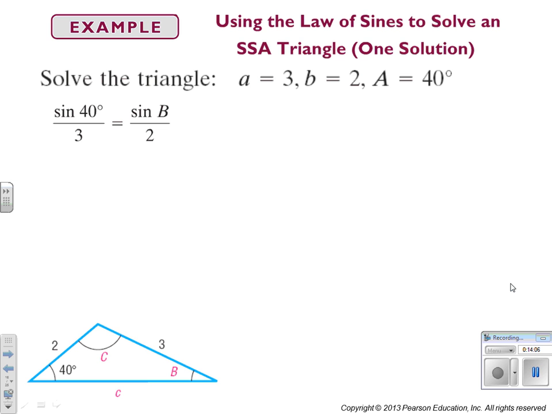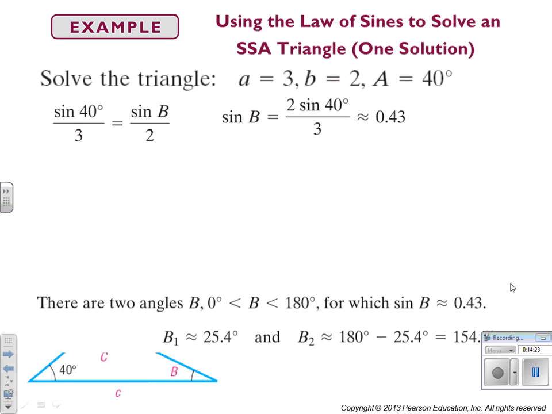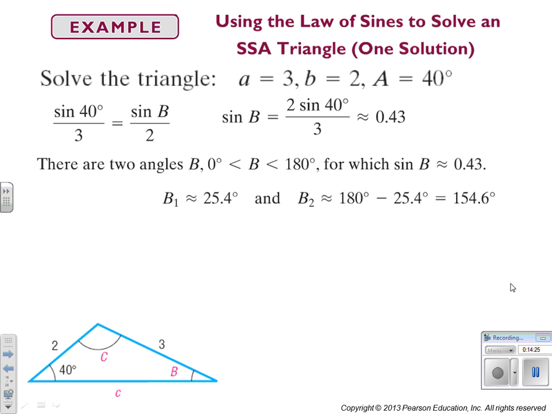Once again, make sure your calculator is in degree mode. So we multiply 2 sine 40 equals 3 sine B, and then divide by 3. So 2 sine 40 degrees divided by 3, you inverse sine to find that B is equal to 25.4 degrees.